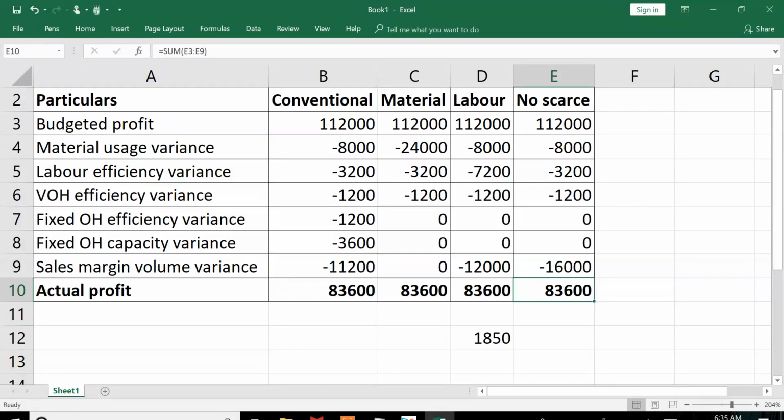Loss of 200 units, split it into 2. Inefficiency of usage of raw material, in bracket limiting factor. On the other side, inefficiency of salesman.